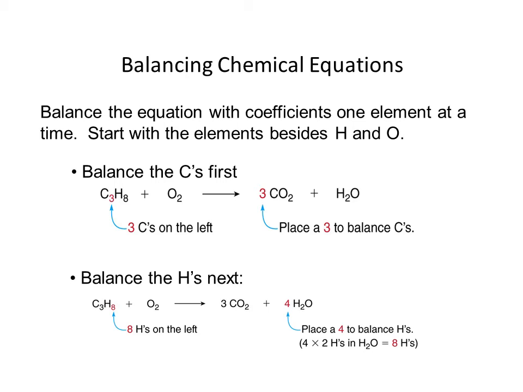Next, we're going to balance the hydrogens. To balance the hydrogens, we notice on this side we have 8, and on this side we only have 2. We put a 4 in front so that now we have 8 on this side.